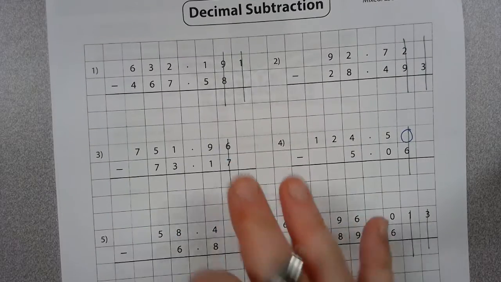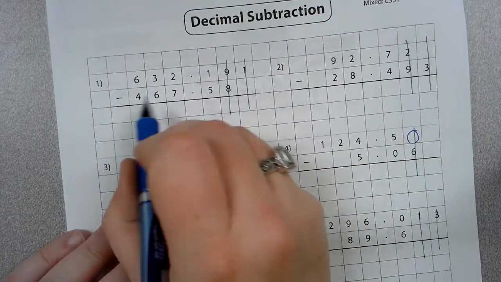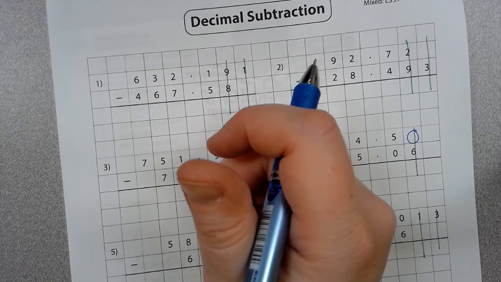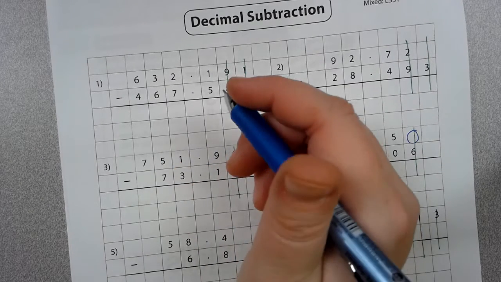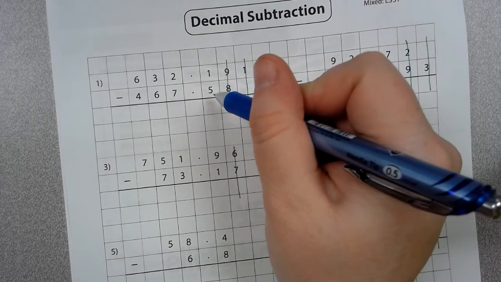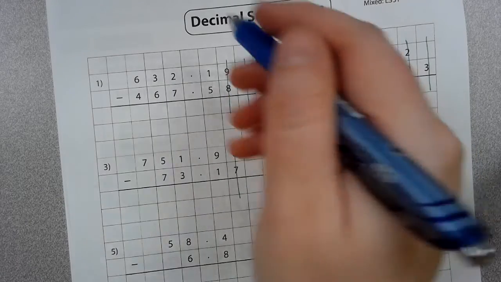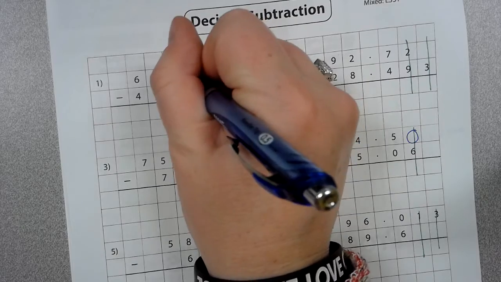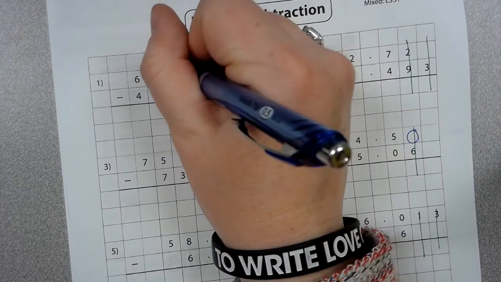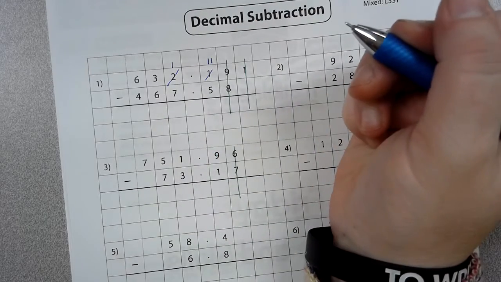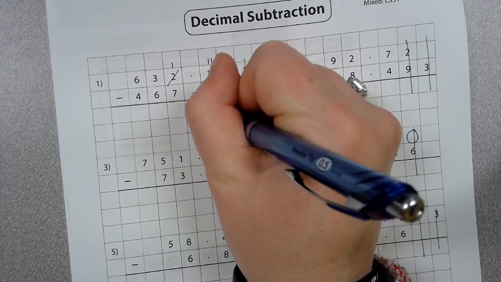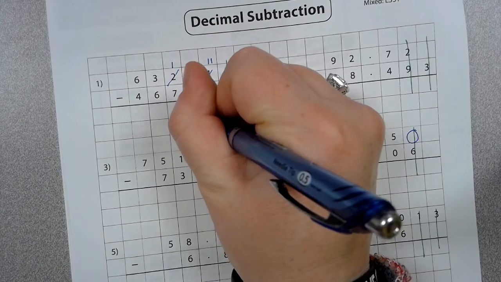All right, let's go over here and look. 632 and 1/10 minus 467 and 5/10. Now I cannot take 5 away from 1. So I have to borrow from over here. That turns into a 1. This turns into 11. 5 from 11 is 6. I'm going to drop my decimal.